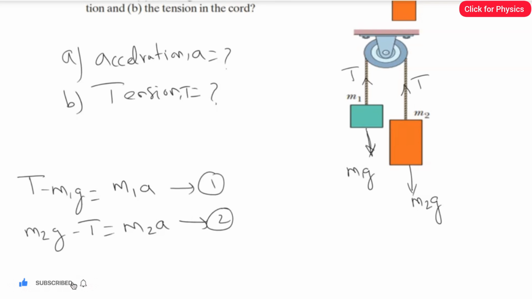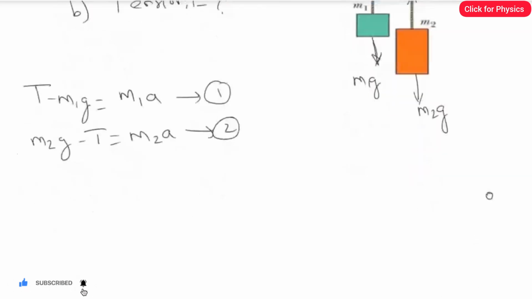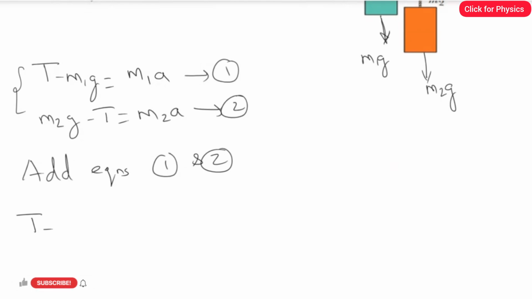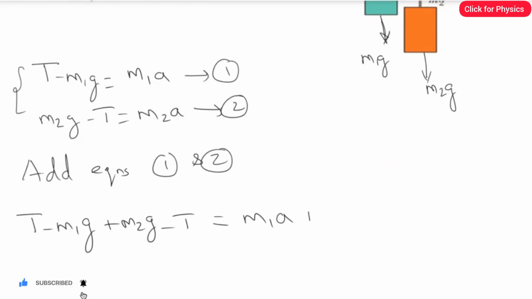Now I am going to add equations 1 and 2, both the left hand side and the right hand side. Let's add the left hand side of these two equations: T minus m1g plus m2g minus T is equal to m1 multiplied by a plus m2 multiplied by a.